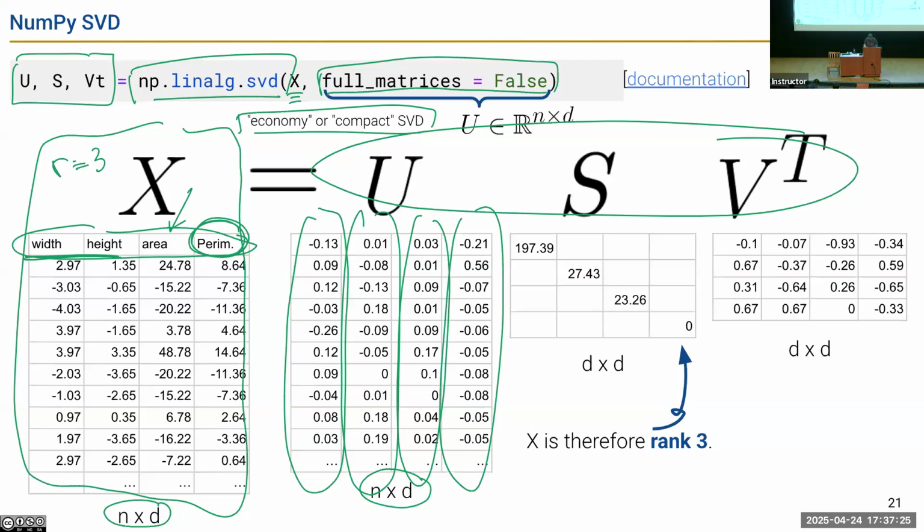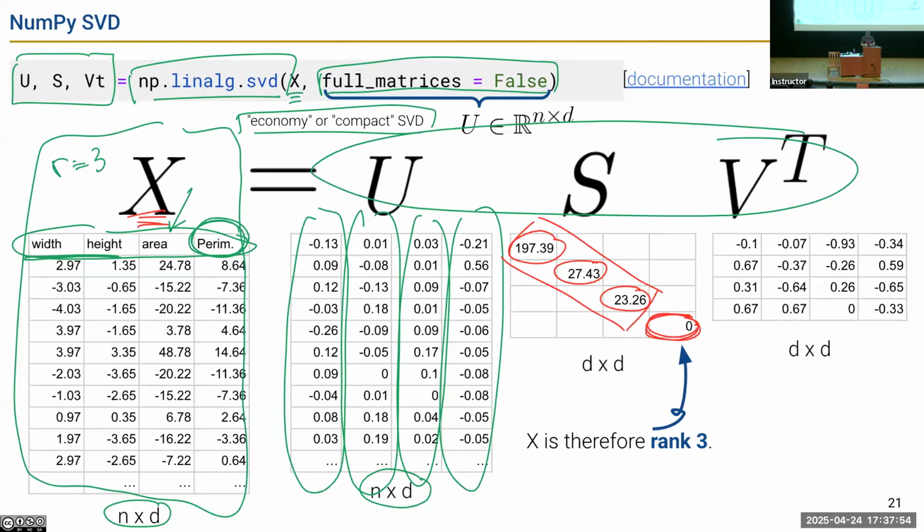We have our singular values matrix, where we have the singular values, which are always positive or 0, along the diagonal. Everything else in that matrix is 0. Notice we have 1 zero-valued singular value. The number of non-zero singular values is the rank of X. So like I said, if you ever want to figure out the rank of a matrix, go compute the SVD and count the singular values.